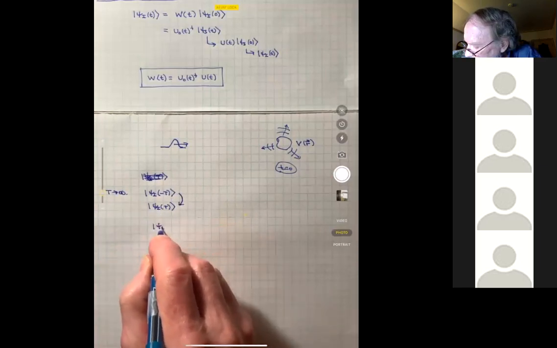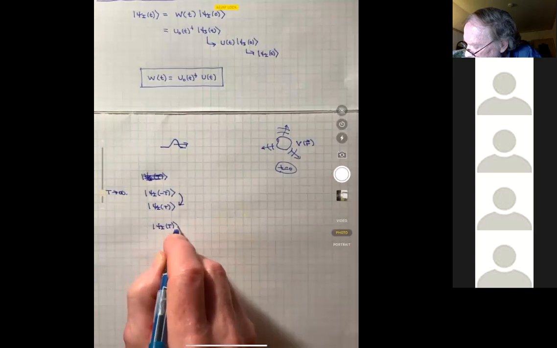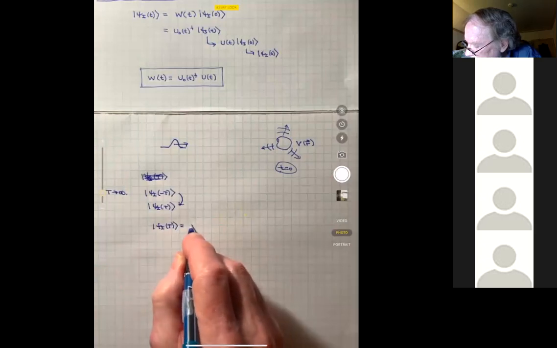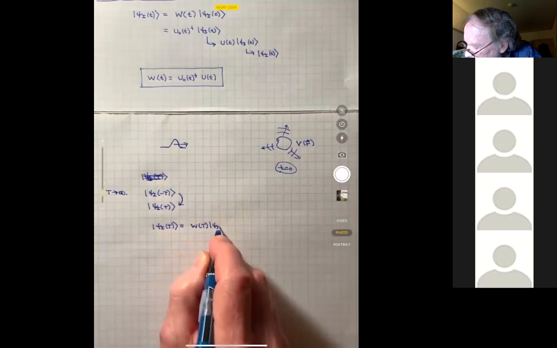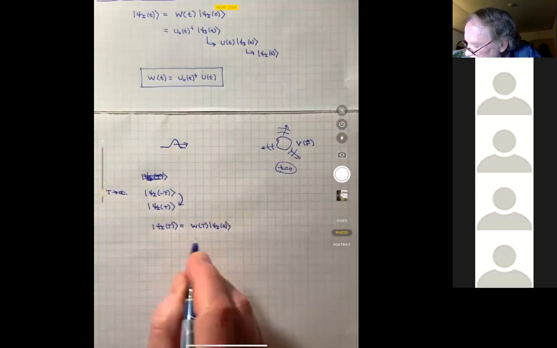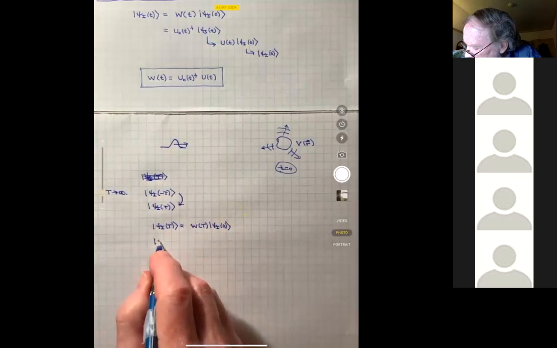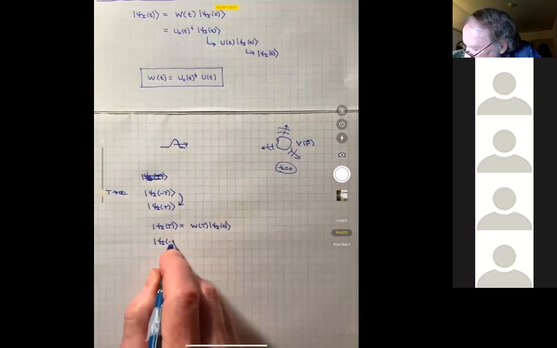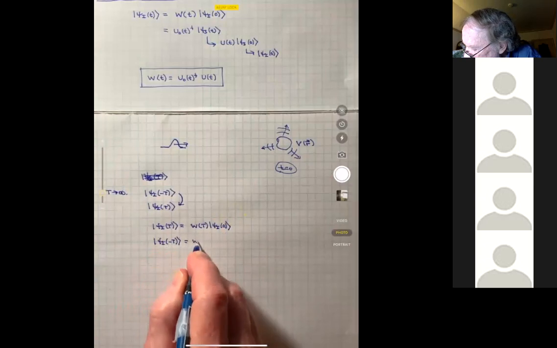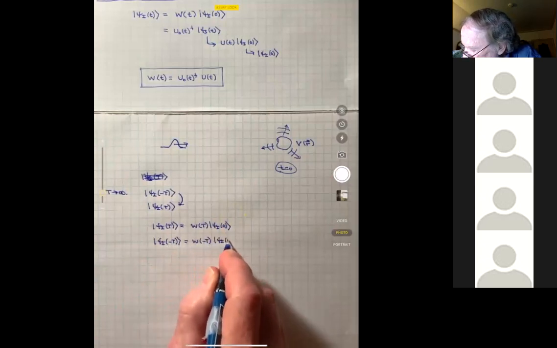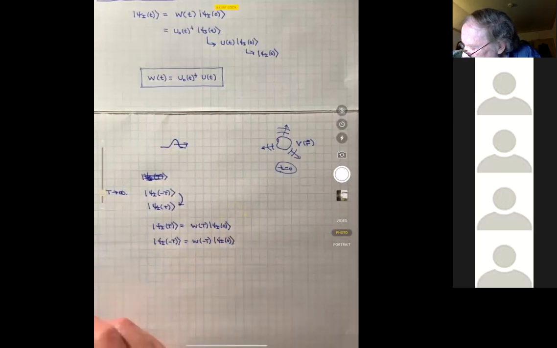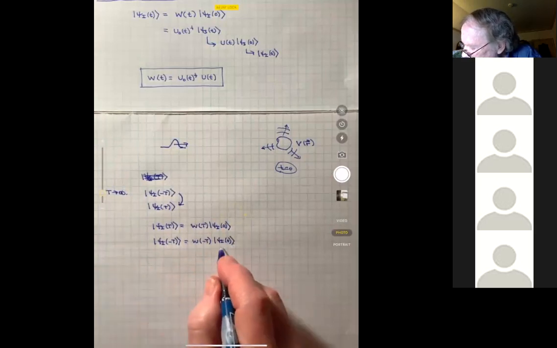So psi I of capital T, what does that equal to? That's given by W of T acting on psi I of 0, where W of t is the time evolution operator in the interaction picture. And likewise, psi I of minus capital T is equal to W of minus T on psi I of 0, like so. And so I can solve for psi I of 0.